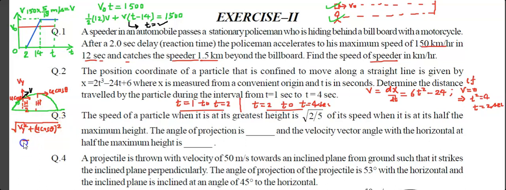This is equal to root 2 by 5 times the velocity at the highest point, that is u cos theta.